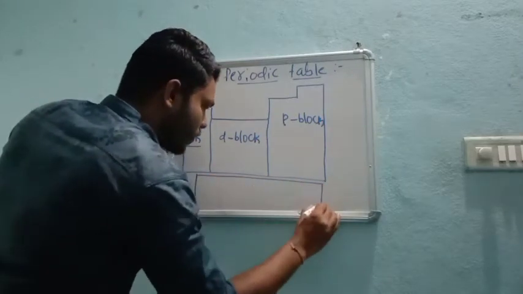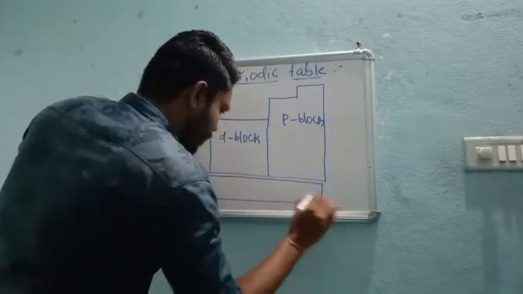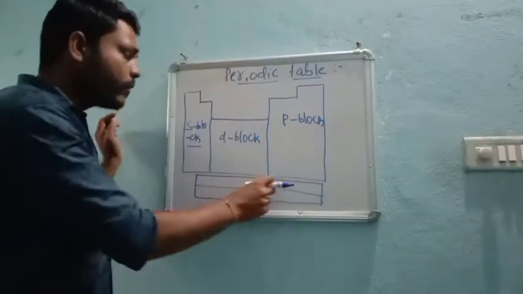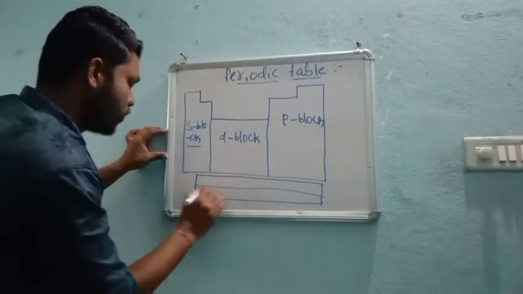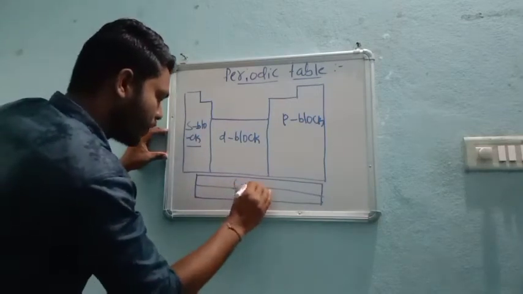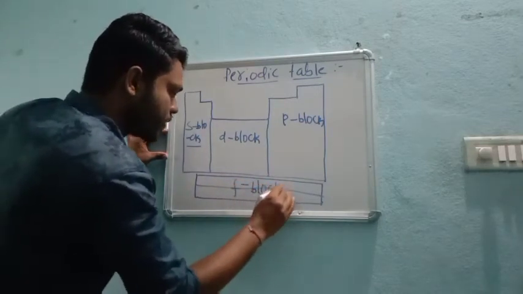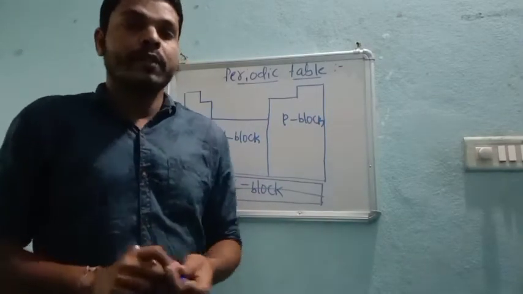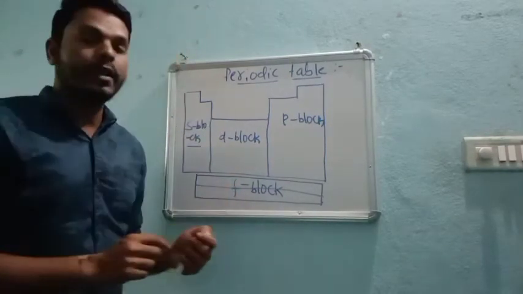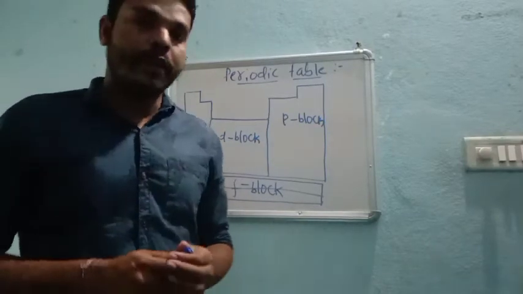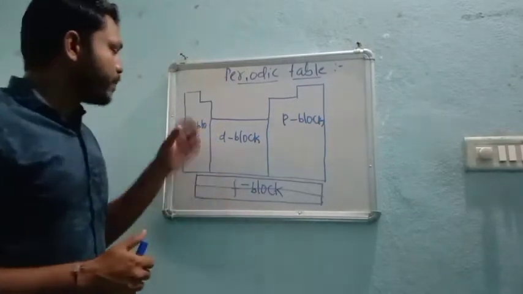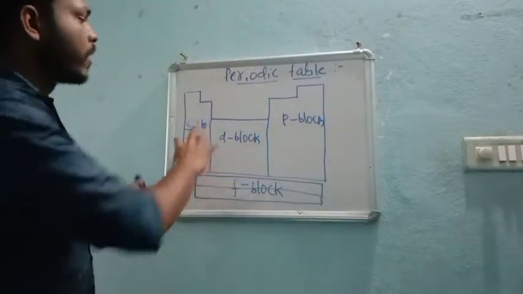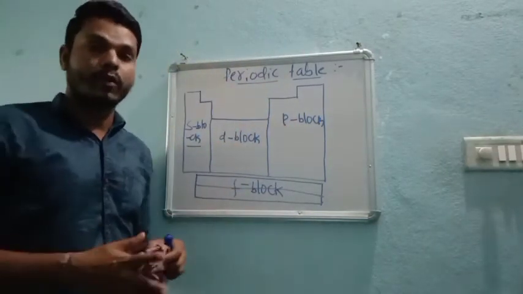And at the bottom of the periodic table, you might see two horizontal rows, and those belong to F block elements. These F block elements are divided into two series: one is the lanthanide series and the other is the actinoid series. In the same way, this is how the periodic table actually looks.